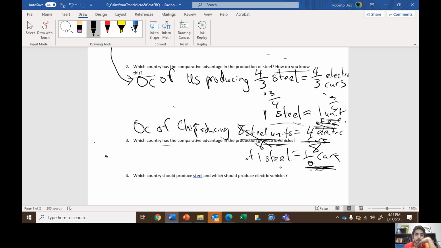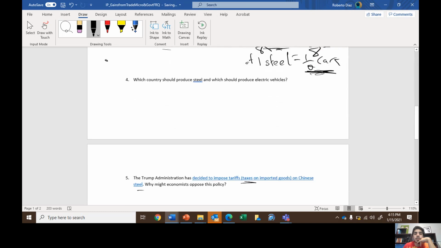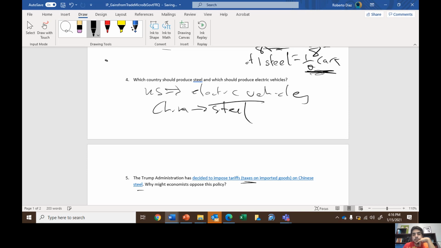Cool. And then which country should produce steel and which should produce electric vehicles? It's clear that the principle of comparative advantage says that the US should produce electric vehicles, China should produce steel. Okay, cool.